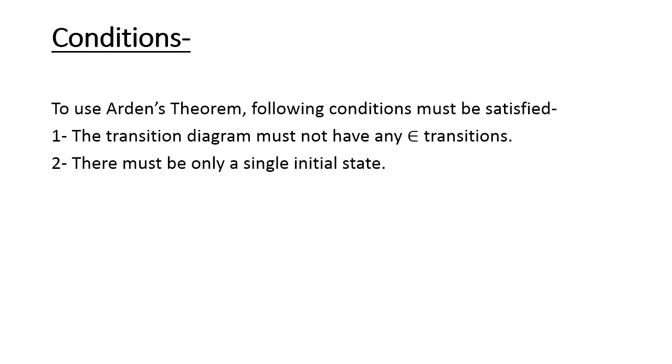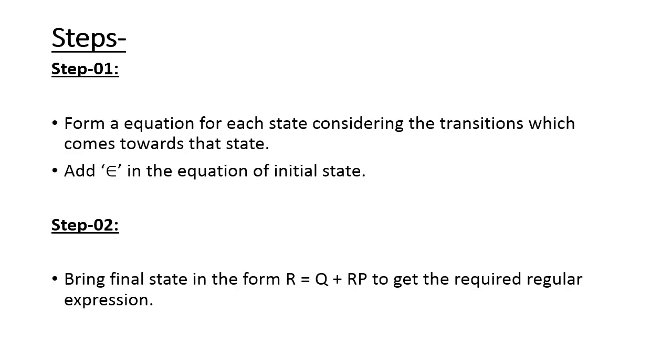There are two steps to convert a given DFA into the regular expression using Arden's theorem. Step 1 has two parts. Step 1 is form an equation for each state considering the transitions which come toward that state. Add epsilon in the equation of the initial state.